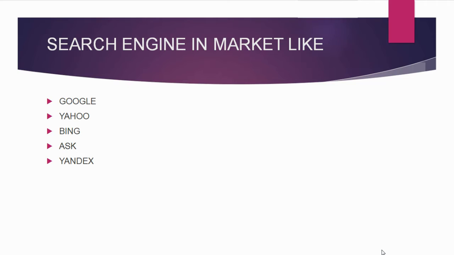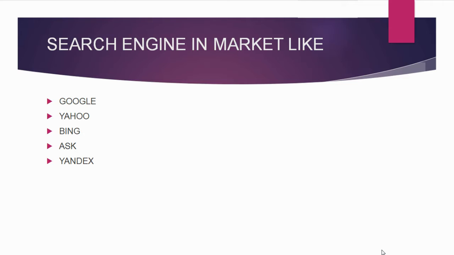So, search engines in the market like Google, Yahoo, Bing, Ask.com, then Yandex. Google has the highest share, followed by Yahoo. These are the search engines that are the most popular for now, most especially Google. If you want to search for anything, almost everybody uses Google.